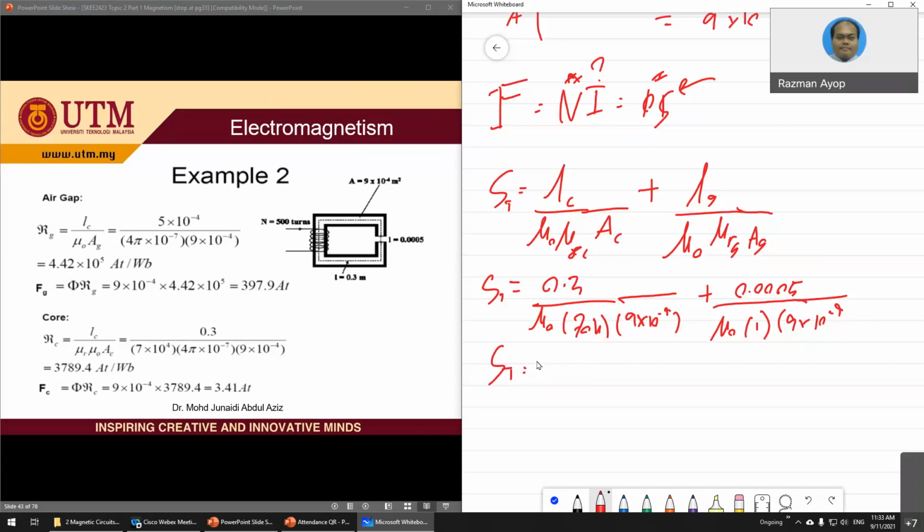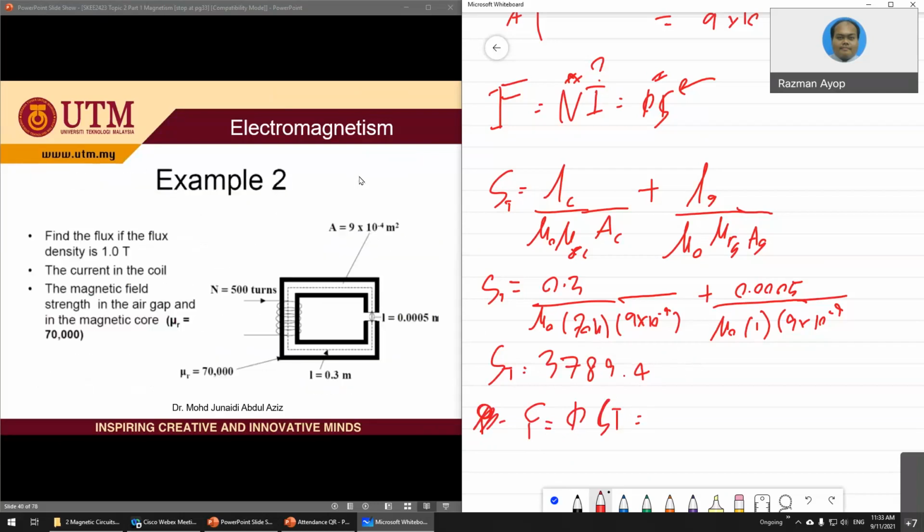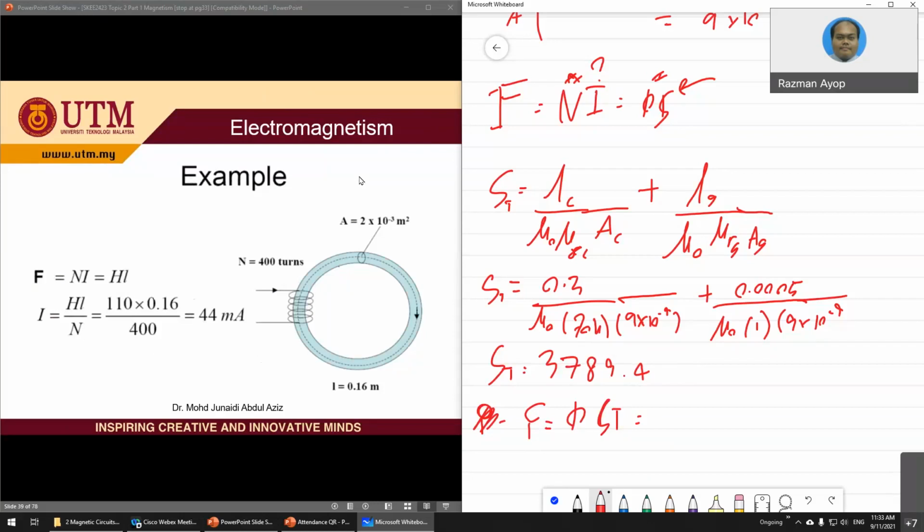So S total will be 3789.4. So F is equal to flux multiplied by S total. So flux, remember what is the flux? Let me check.